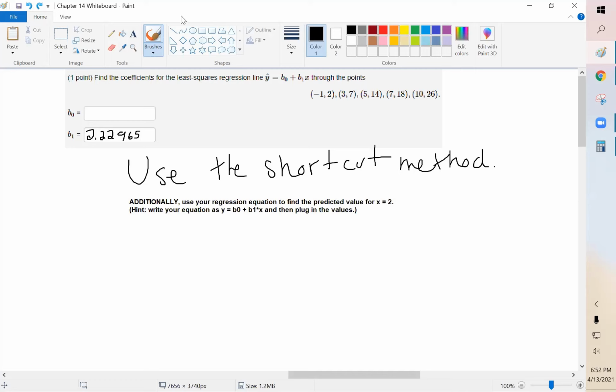Make sure when you're calculating your Y bar and your X bar, you should show your work when doing that.